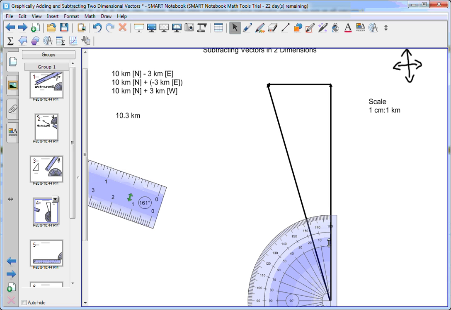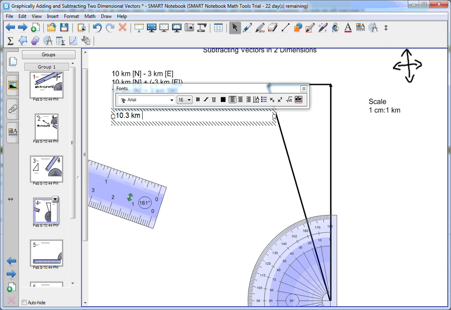And it looks like we have north 17, did you say that is? Yeah, north 17 degrees west. So that is north 17 degrees west.